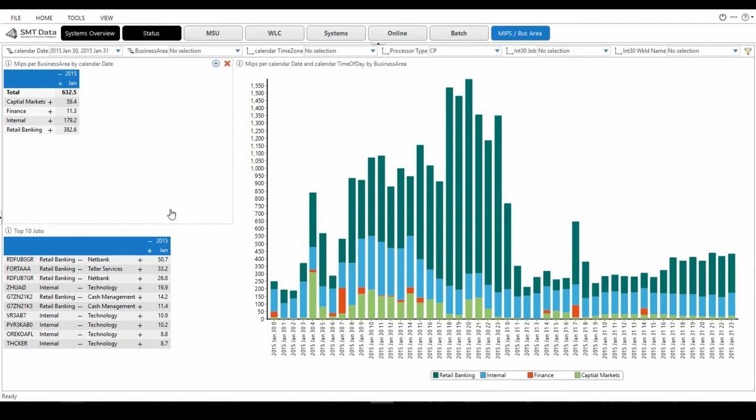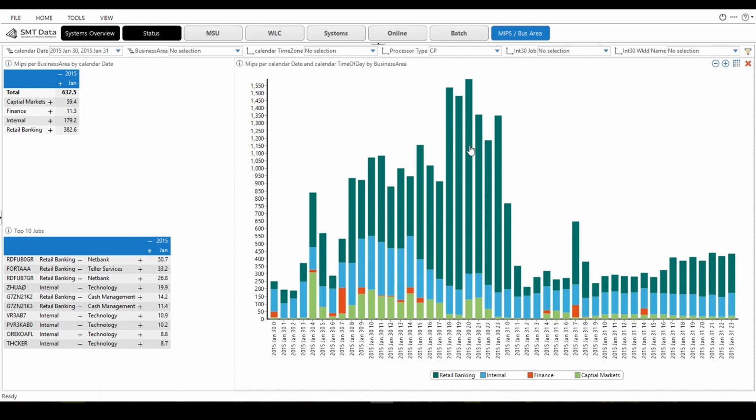What we've done here is we've taken this same peak between Friday and Saturday, and based on the SMF30, mapped the individual job names out to a business area like retail banking, and then an application like NetBank. And then we can see how many MIPS each of these areas are using in total. So we can see retail banking is definitely the big contributor to our MIPS usage during this period of time.